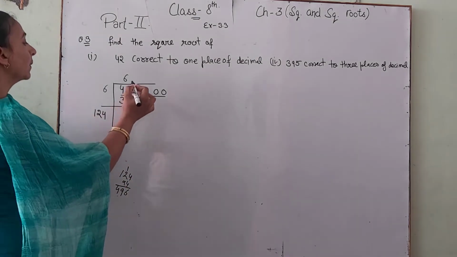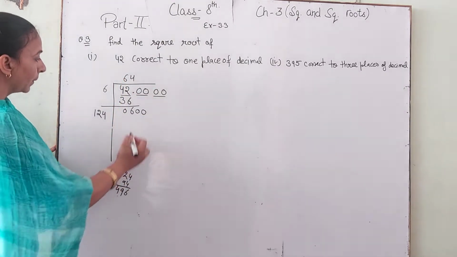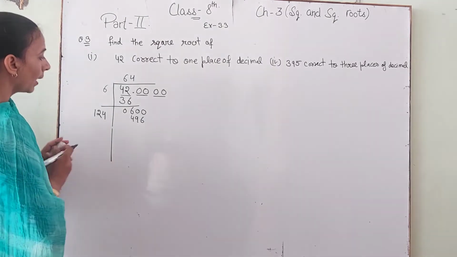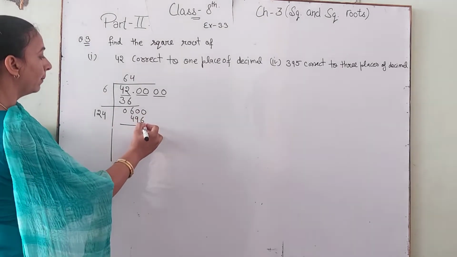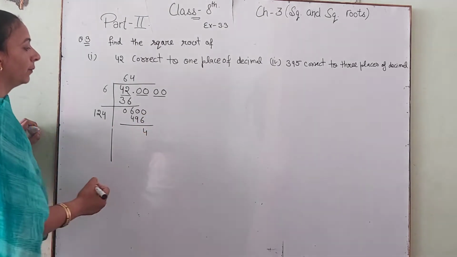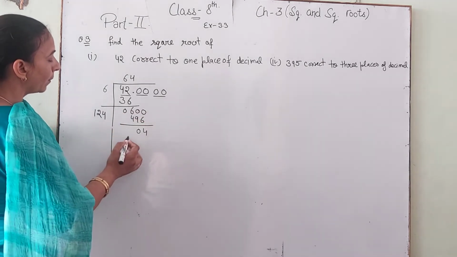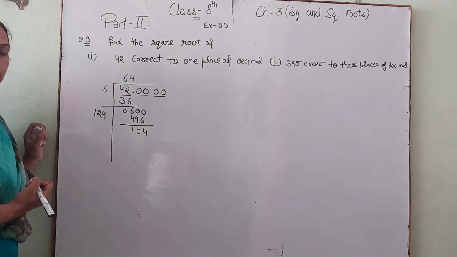There is 4, and there is also 4, and this is 496, okay. Now we subtract: 100 minus 96, that is 4, 9 minus 9, 0, then 5 minus 4, 1.